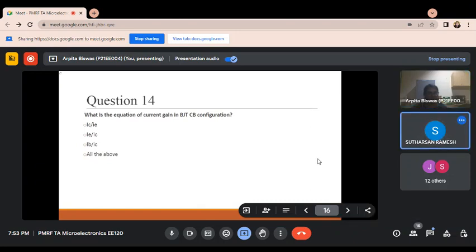Please try to explain why option A is the right answer. Sudarshan? Can anyone explain again? Samuel, can you explain again?